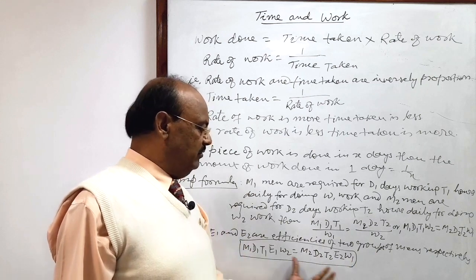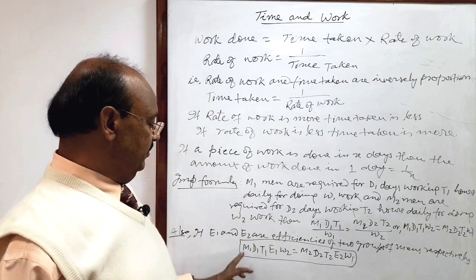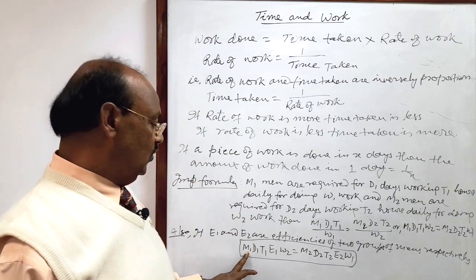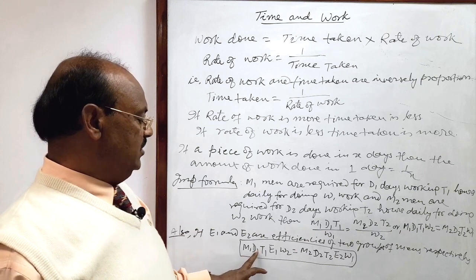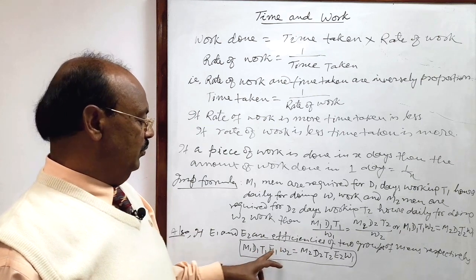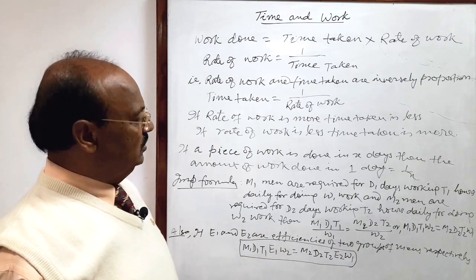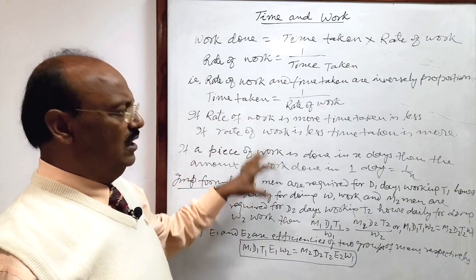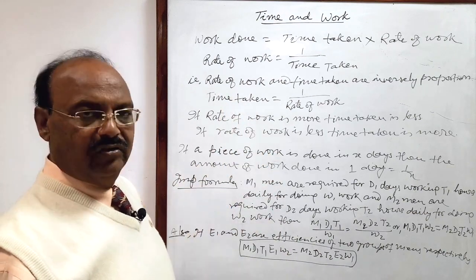Here we can understand that if the number of men is more, then the time required will be less. If the number of men is less, then time required will be more. These are very basic, fundamental concepts about this chapter, time and work.